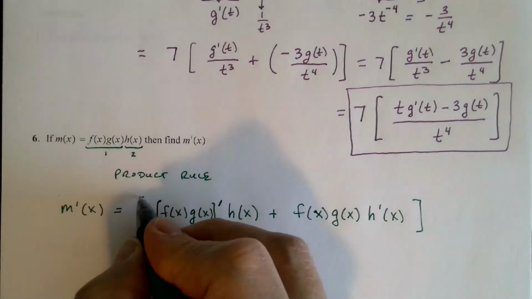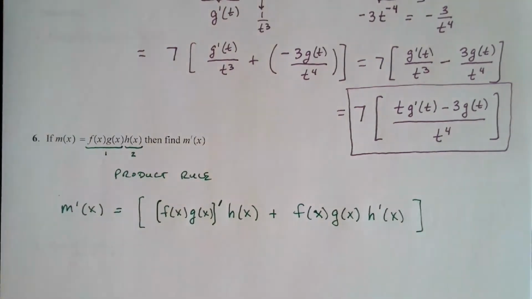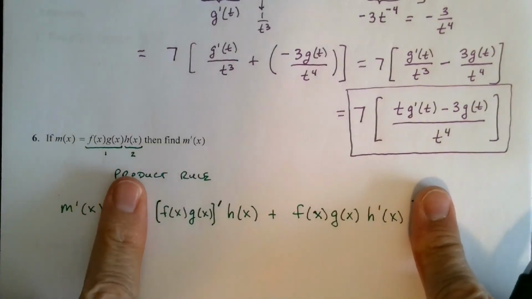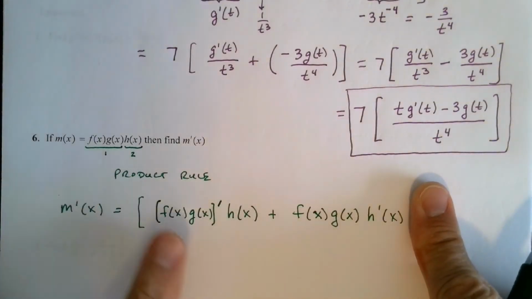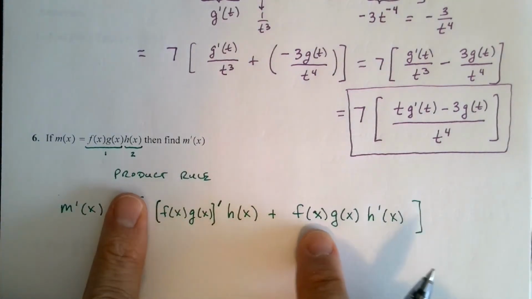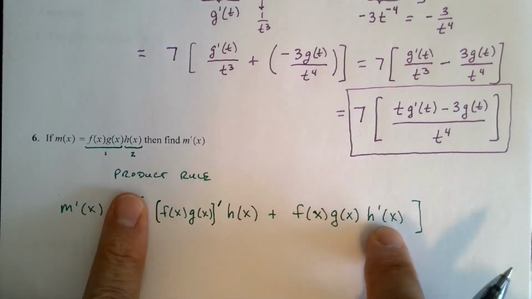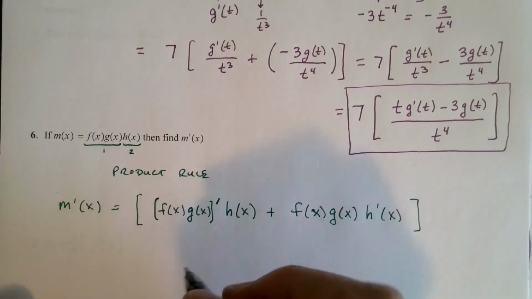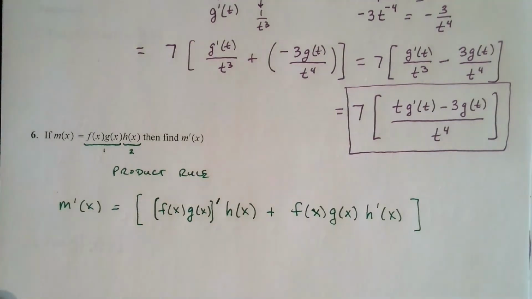I don't know why I got these extra brackets out here, but I did for some strange reason. I don't need those extra brackets. Okay, so it's the derivative of the first one, which I'm calling the product of 2, times the second, plus the first, which is the product of those 2, times the derivative of h, which is just going to be h prime of x.